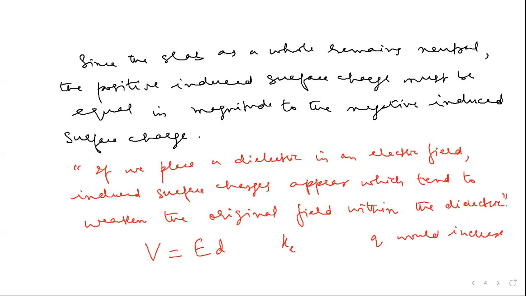The increased electric field from this additional charge on the capacitor would be opposed by the field E prime in the dielectric, and the result would be a constant electric field E.